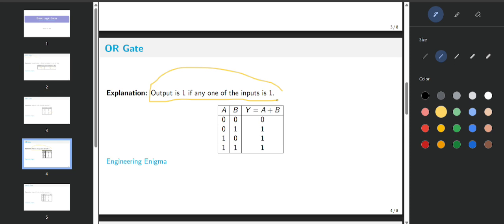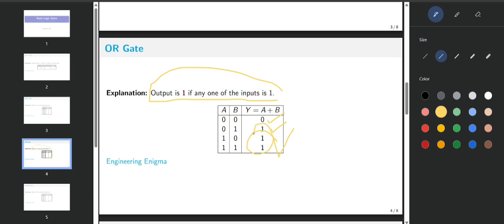So if either A or B is 1, the output glows 1. Look at this scenario: 0 0 gives 0 because no 1 is there. If it is 0 1, 1 0 or 1 1, in all those three cases you end up getting 1. So this is about the OR gate.